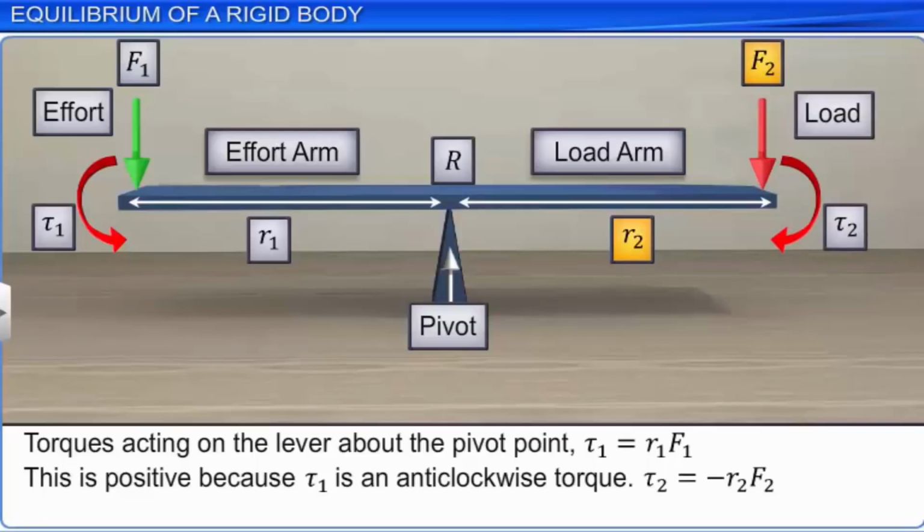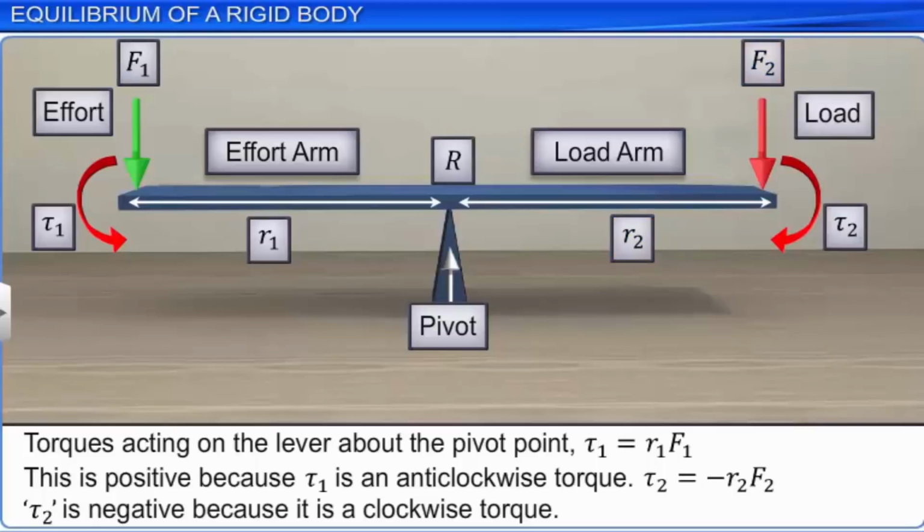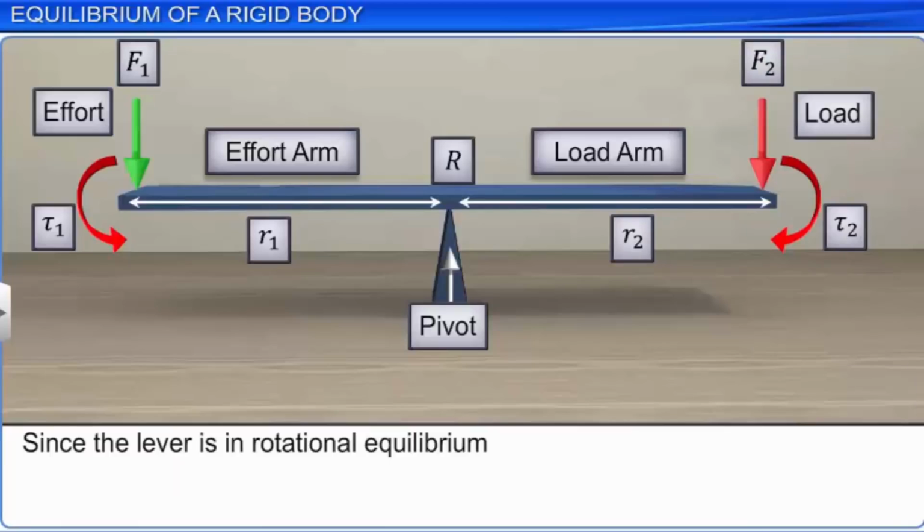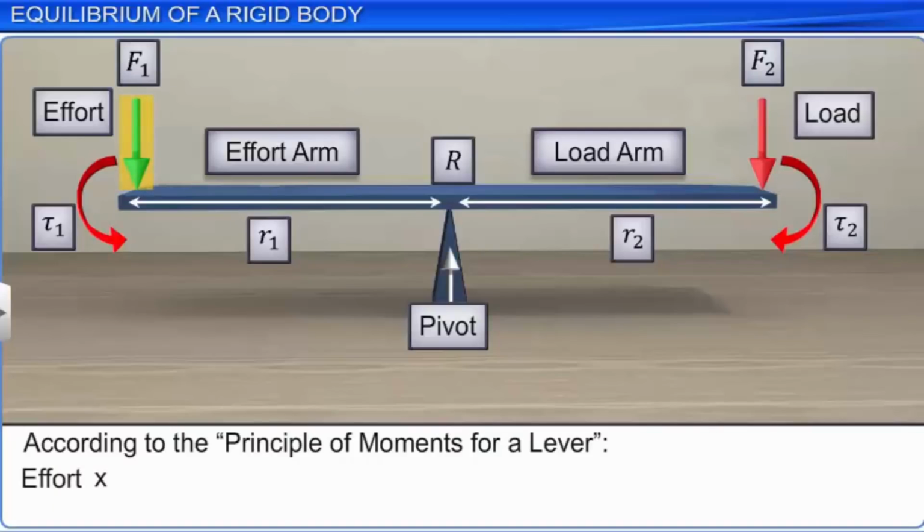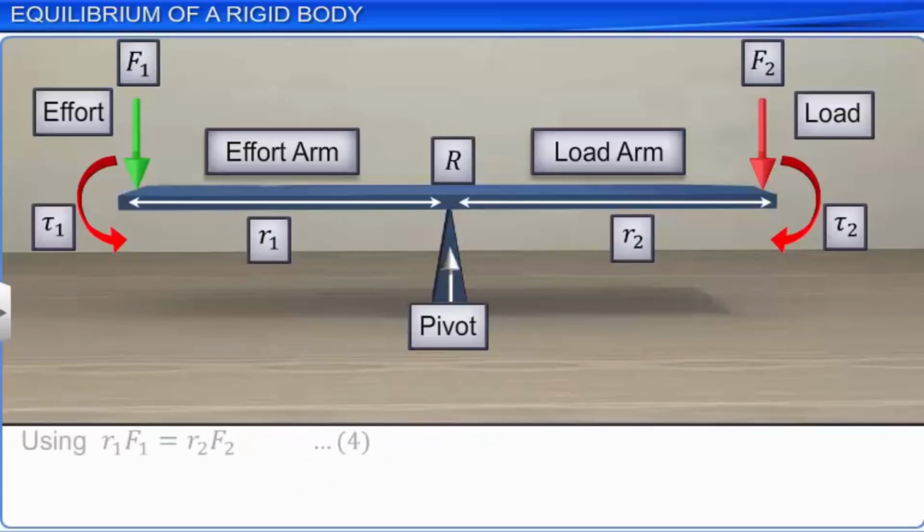Since the lever is in rotational equilibrium, tau 1 plus tau 2 is equal to 0. R1 F1 is equal to R2 F2. Equation 4. This means for a lever, effort into effort arm is equal to load into load arm. This statement is known as the principle of moments for a lever. Equation 4 can be used to find the mechanical advantage of a lever. Mechanical advantage is equal to effort arm by load arm.